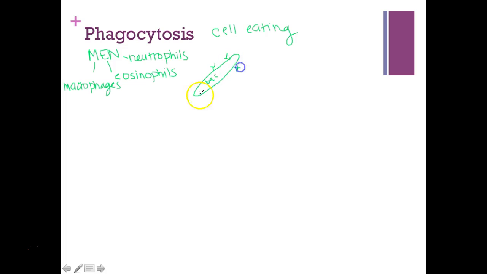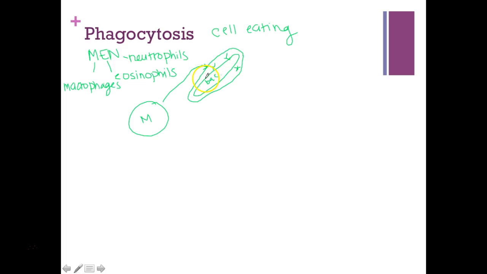So our macrophage, let's just say it's this guy here, we'll put an M here, is going to be moving through our tissue and it runs into a bacteria, and then it recognizes the carbohydrates on its cell surface. Sometimes bacteria will have a capsule surrounding it, so it hides these carbs all around it.